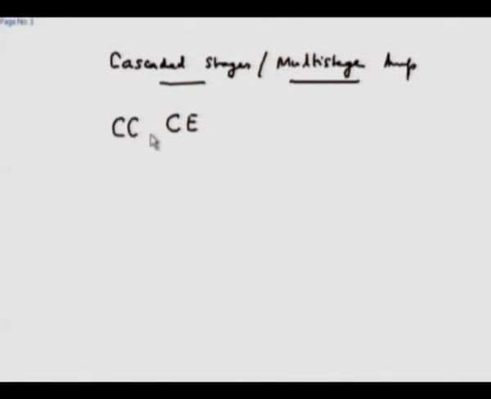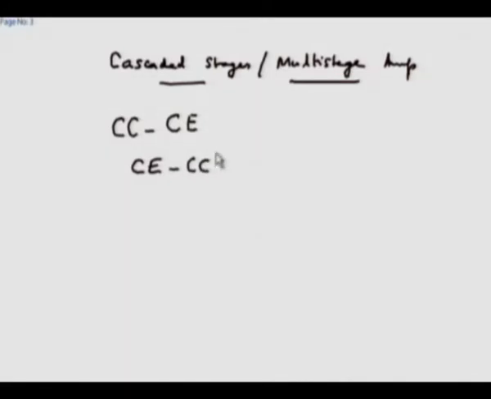Otherwise the common emitter amplifier is a fairly good one. Now if you want to jack up the input resistance, one easy way of doing that is to cascade it with a common collector. So if you have a common collector at its input, then we can get high input resistance. Now in case what we are interested in, in an application, is to get lower output resistance, then we can think of a CECC.